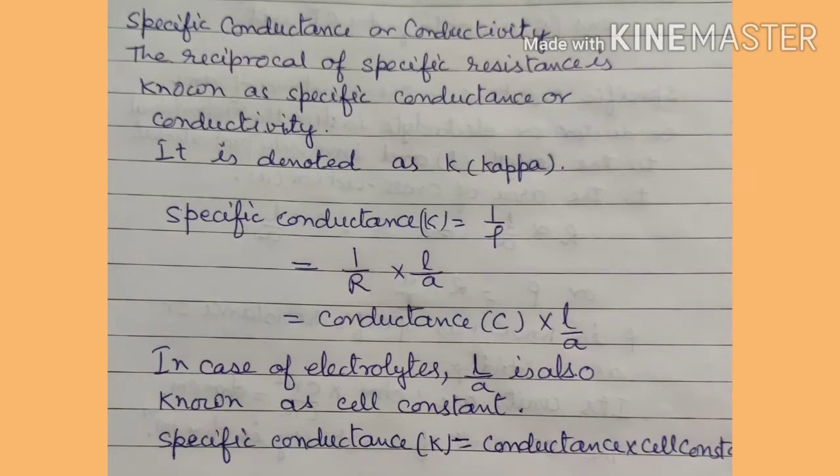So specific conductance K is equal to conductance into cell constant. So when the resistance is provided and the cell constant is given, then we can find out K, that is the conductivity of the cell.